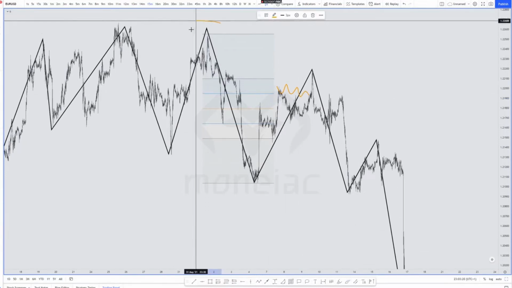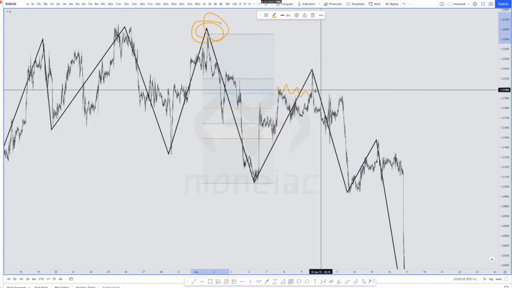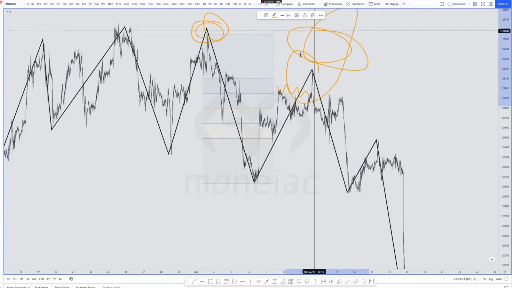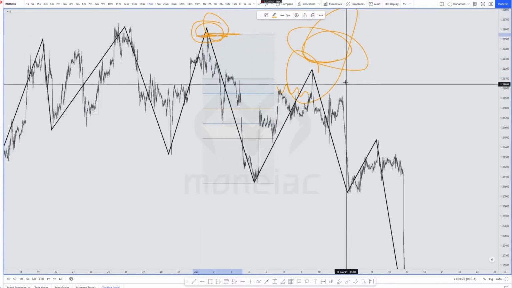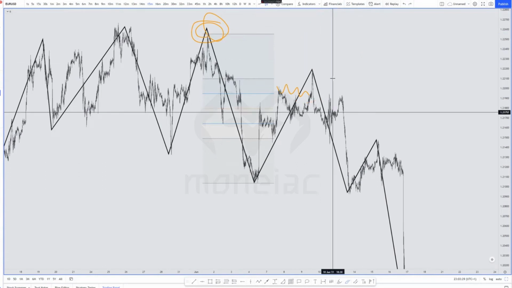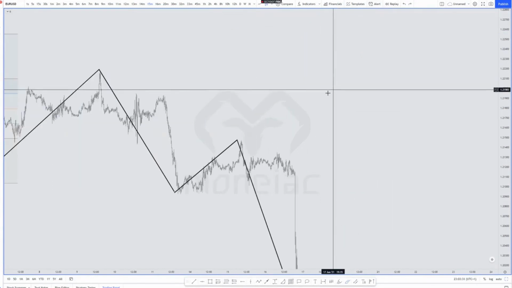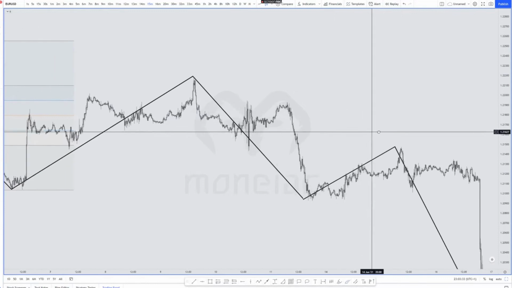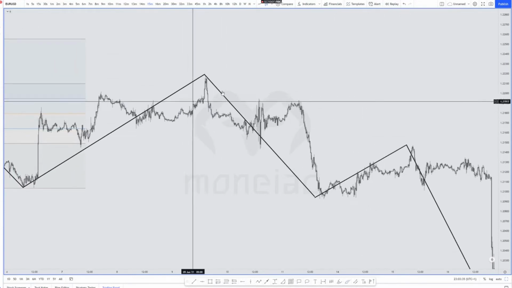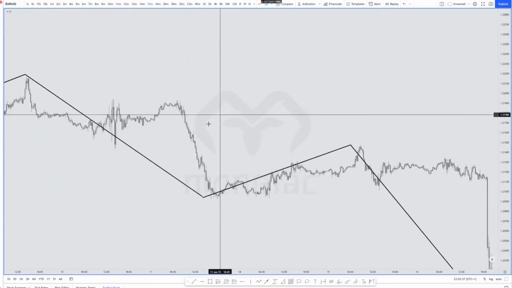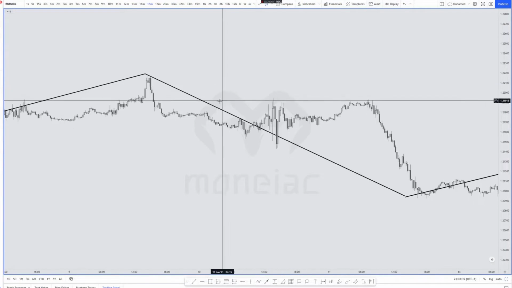And our expectation is this high is going to stay intact. Something somewhere in here, lower than this point, is going to show us that it wants to continue down. So in this case, we end up taking all the liquidity here and we aggressively come down again.